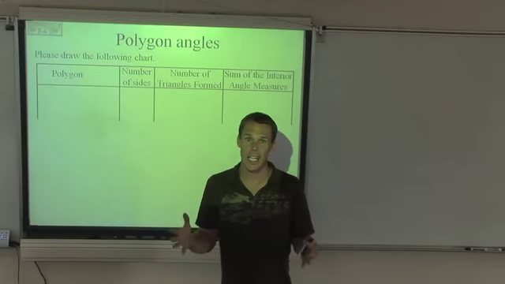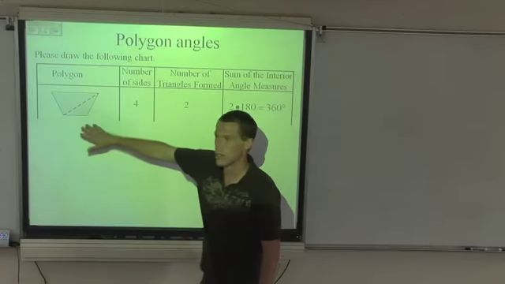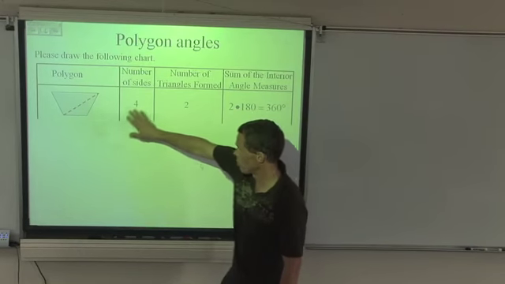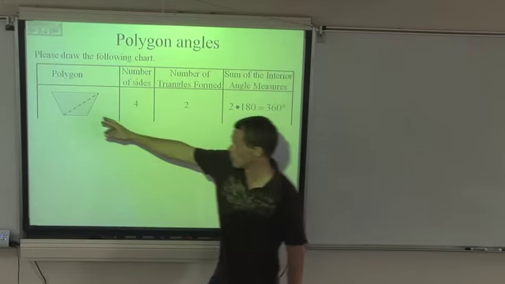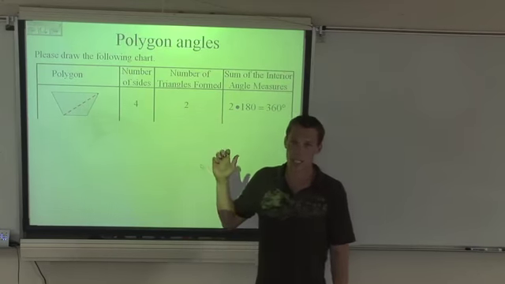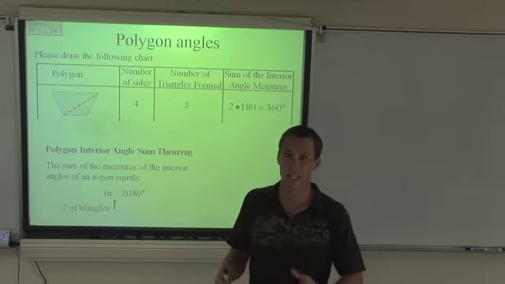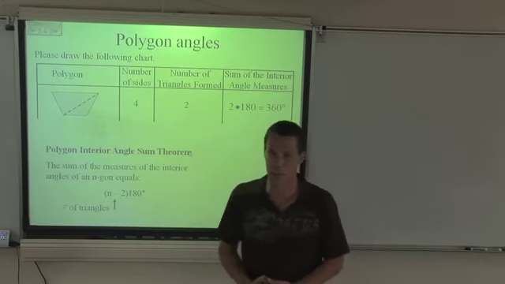Okay, so we just got done putting together this chart. One of them was a quadrilateral like this that had 4 sides, two triangles formed, and it added up to 360 degrees. From this, we were able to make a determination of what is called the polygon interior angle sum theorem.